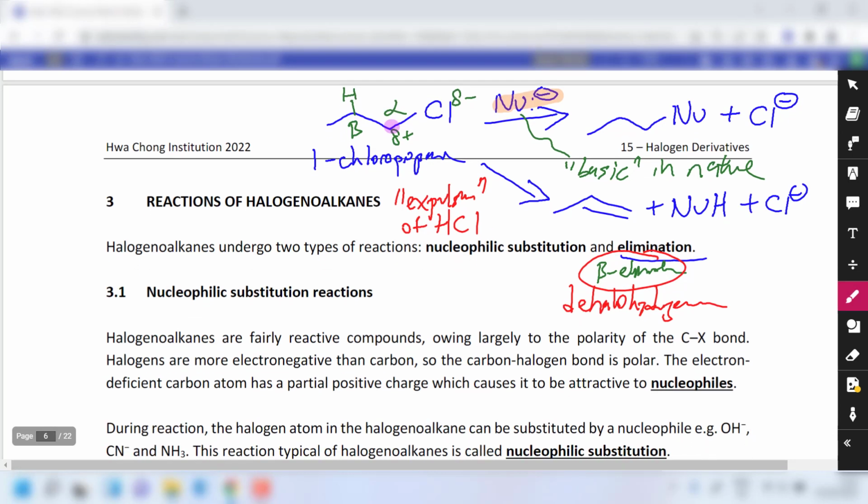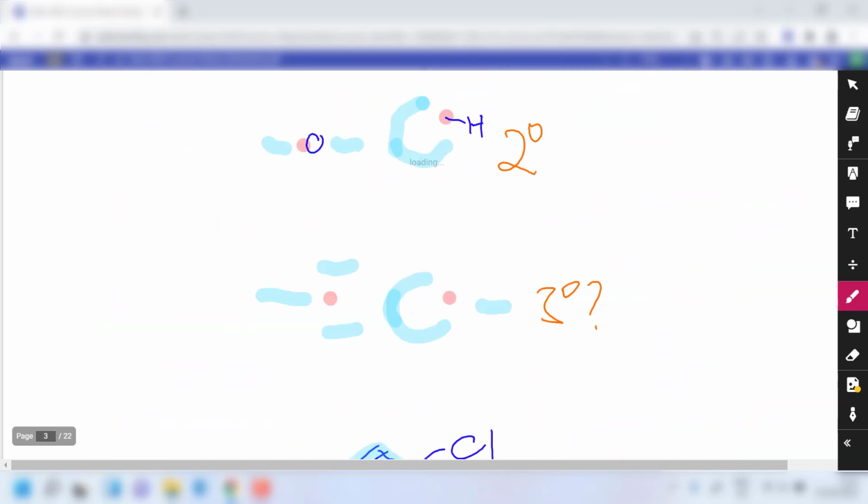But just take note that the focus for the H2 curriculum is on nucleophilic substitution in terms of the mechanism. Earlier on in our learning objectives, maybe I can just go back to the learning objectives.